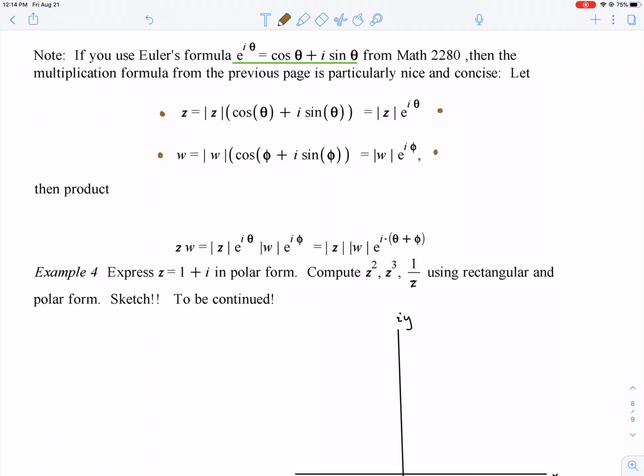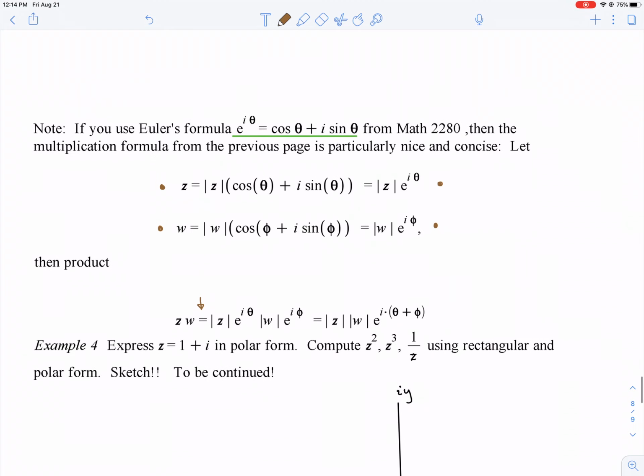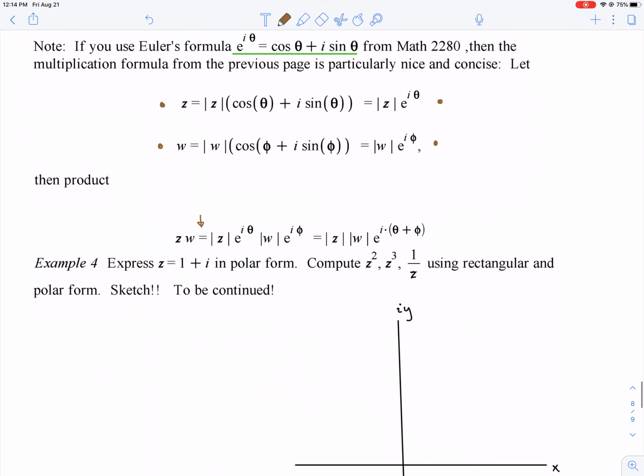And then when you compute z times w, this is what we did on the previous page, you get modulus of z modulus w times the product of those terms, e to the i theta and e to the i phi, which just gave us cosine theta plus phi plus i sine theta plus phi.